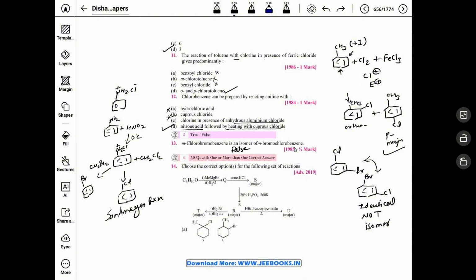Okay, now moving to question number 14. Choose the correct option for the following set of reactions. So this is the reaction of this molecule with the Grignard reagent followed by hydrolysis gives Q, then treating with concentrated HCl.